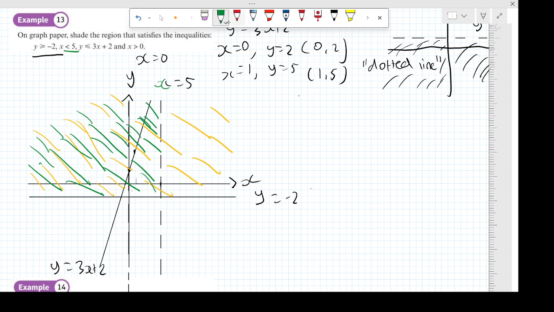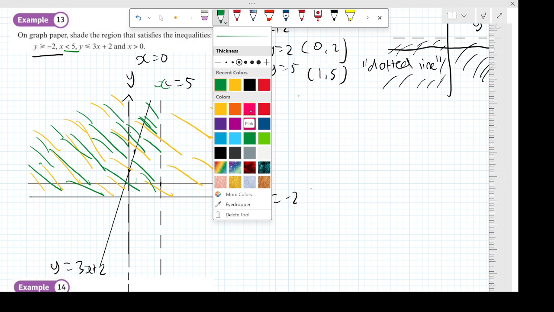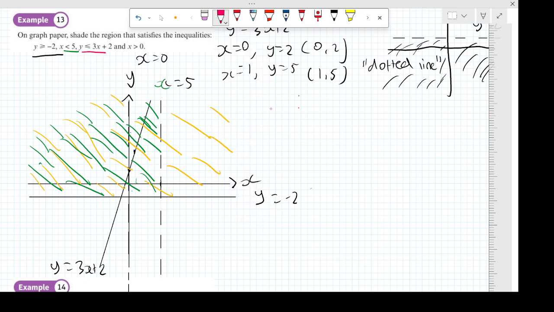Okay. Then let's do another color. Let's do pink. Then we want y to be less than or equal to 3x plus 2. When we draw the line here, we want the part of the graph to be below the line.